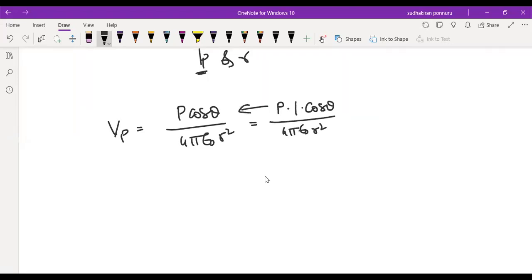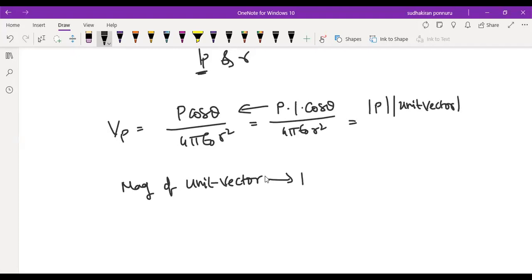Again you will get the same value. There is no modification, just multiplying by 1. We know that the magnitude of a unit vector is always 1. So therefore we write modulus of P, modulus of a unit vector, cos theta divided by 4 pi epsilon naught r square.